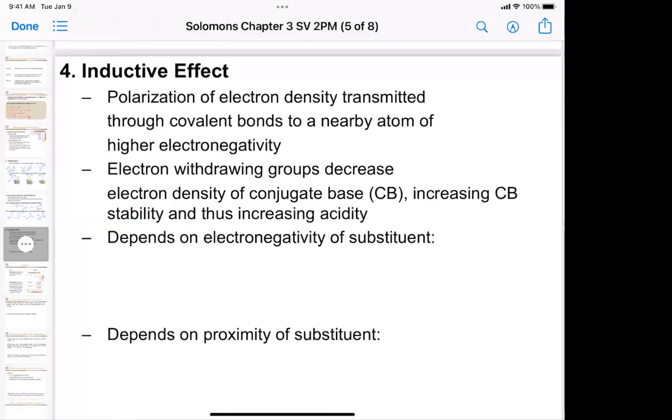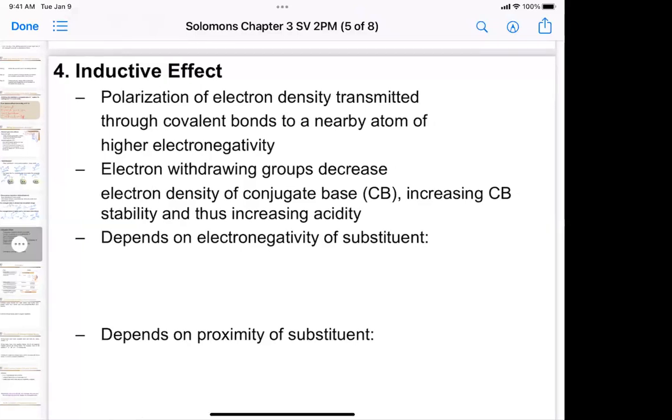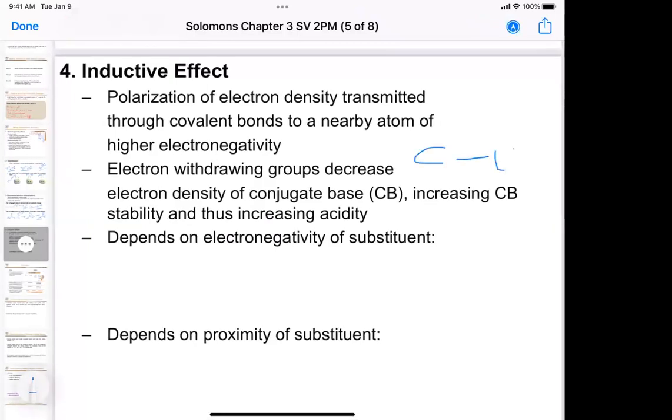It's not directly attached. So what does that have to do with it? Well, our carbon bonds with anything electronegative is going to give us a polar bond. The more electronegative atom is going to pull those electrons. So every polar bond is going to have this little tug on it. So if we go to our acetic acid here, we're going to put a hydrogen here first.